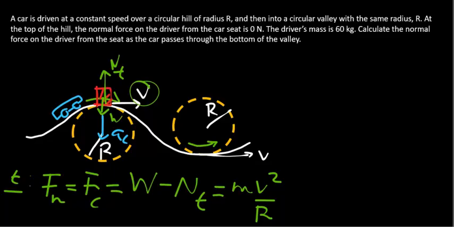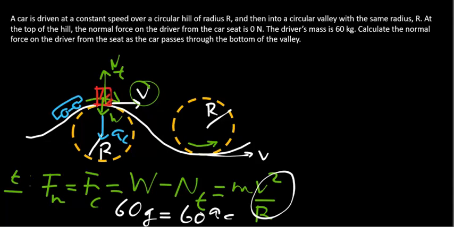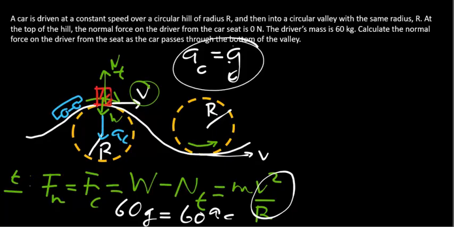So the weight is 60 times gravity. Let's for now write the centripetal acceleration as quite simply AC. The mass, as we know, is 60 kilograms. So immediately you see the centripetal acceleration is the same as the gravitational acceleration, 9.81.